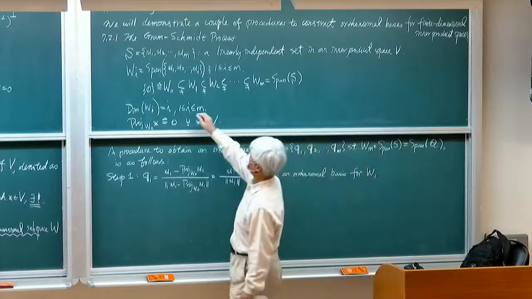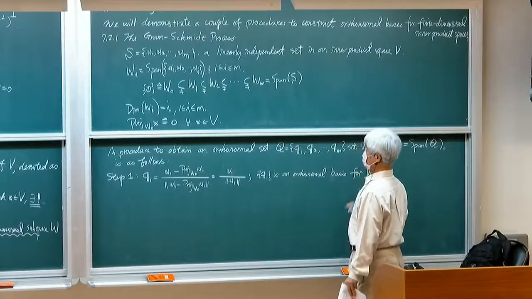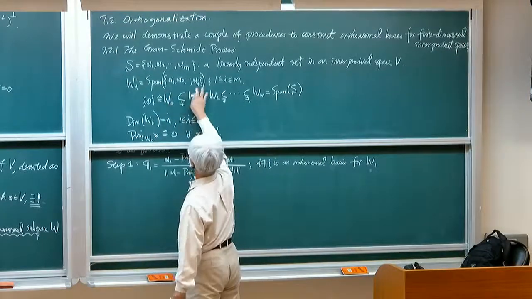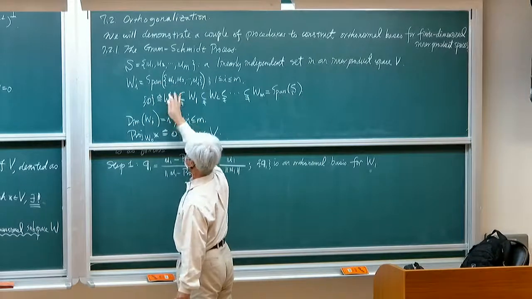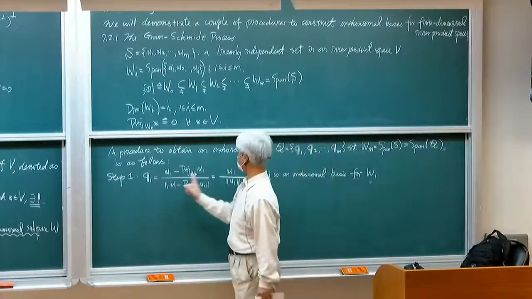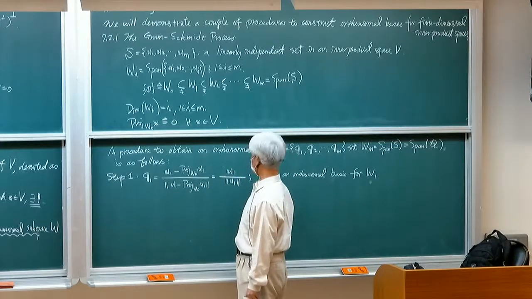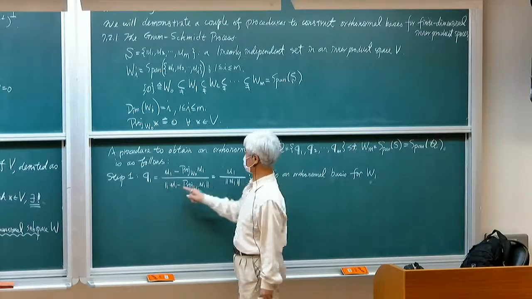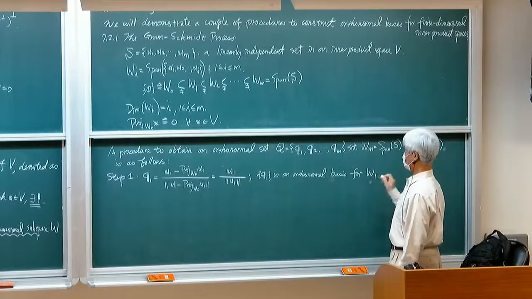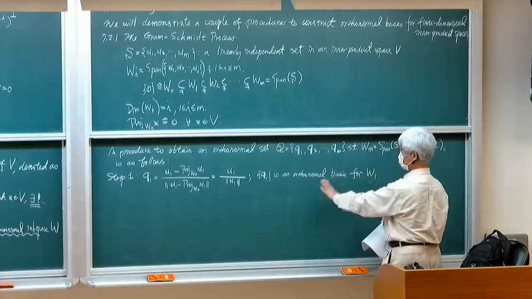Remember, W1 has a basis which is U1. But U1 and Q1 are just linearly related to each other, because Q1 is the normalized version of U1. So now we construct an orthonormal basis for W1. This is the first.